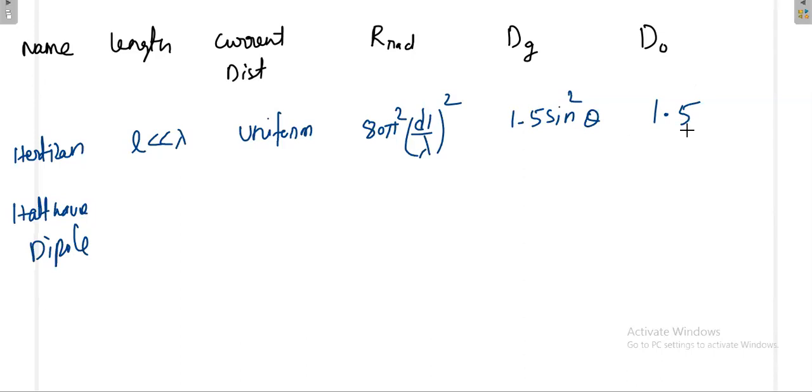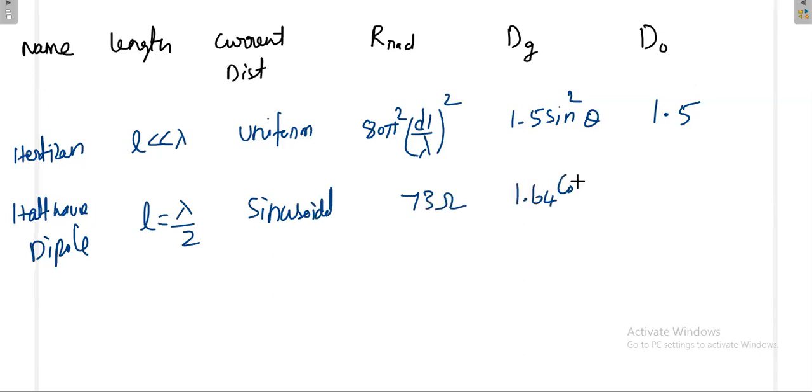Then next, half wave dipole. Length L is equal to lambda by 2. Current distribution is sinusoidal. Radiation resistance is 73 ohm. Directive gain is a complicated function, cos square of pi by 2 cos theta divided by sine square theta. But what is the maximum value? 1.64.